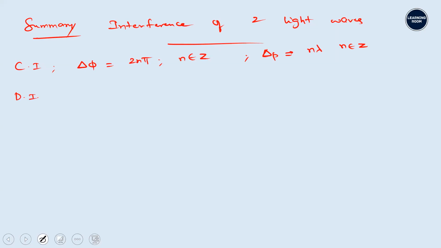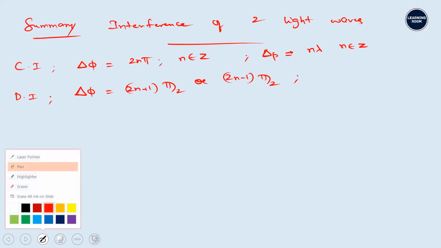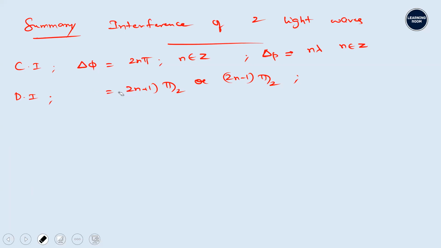Similarly, for destructive interference, delta phi should be equal to (2n plus 1) into pi, or (2n minus 1) into pi.